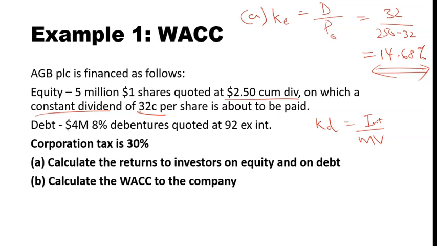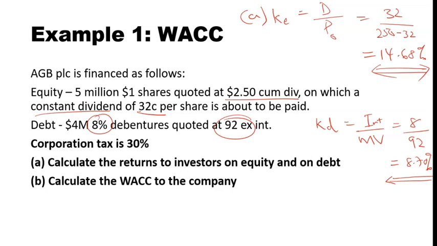So the interest is 8% multiplied by 100, that's $8, over the market value. This debt is quoted at 92. So it is 8 over 92, which is 8.70%.